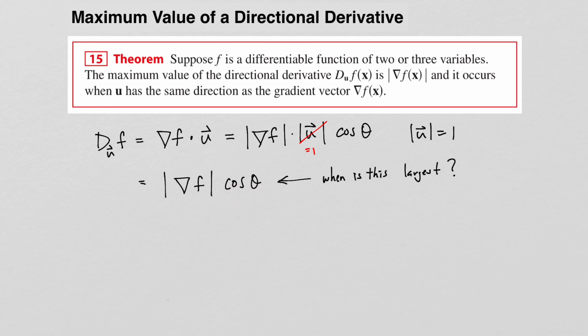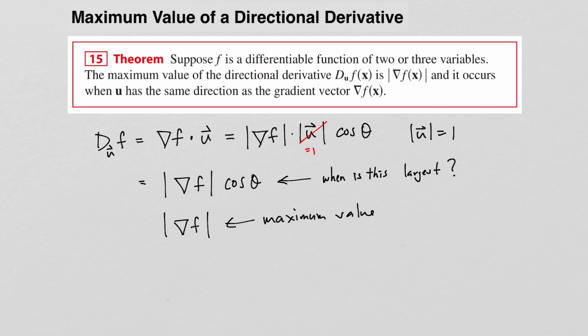So we know that this is going to be the absolute value of the gradient vector. In other words, this is going to be the maximum value. I shouldn't say that these are equal. What I should say is when the cosine of theta is equal to 1, this is going to be its maximum value, which is the magnitude of the gradient vector.